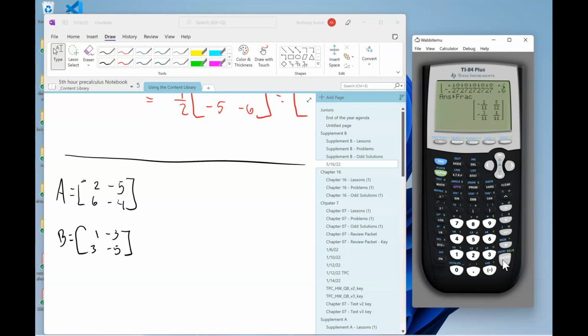And regardless of the size of these matrices, whether you're talking about a 3 by 3 or a 4 by 4 or a 5 by 5, the calculator can handle taking the determinants and inverses of these things. So you do not need to do those kind of things by hand, right?